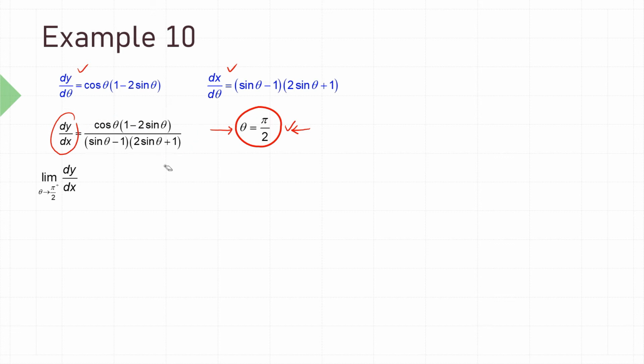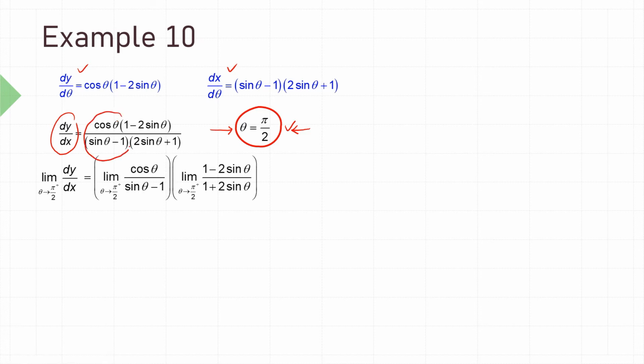Therefore, we find the limit of this function. But to find the limit, we know the properties of limits: for the limit of two functions being multiplied, we can separate them. For example, I find the limit for this part, multiplied with the limit for this part. This is what I do here. So we substitute the value of theta equal to pi over 2 for this part only, because we can only substitute theta equal to pi over 2 for these functions.